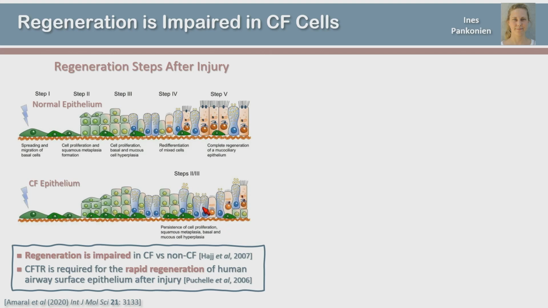So because it's not properly differentiated, this creates opportunities to additional damage. And of course, one of the most important is the door, let's put it that way, that it's open for Pseudomonas.